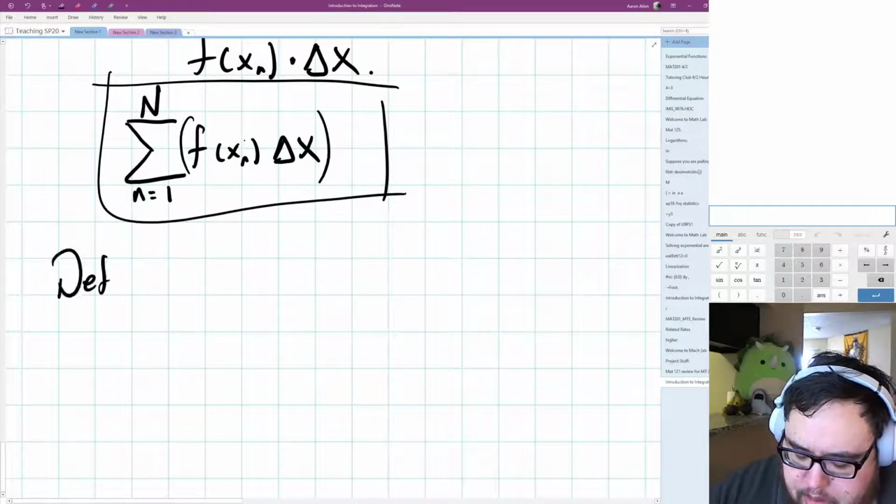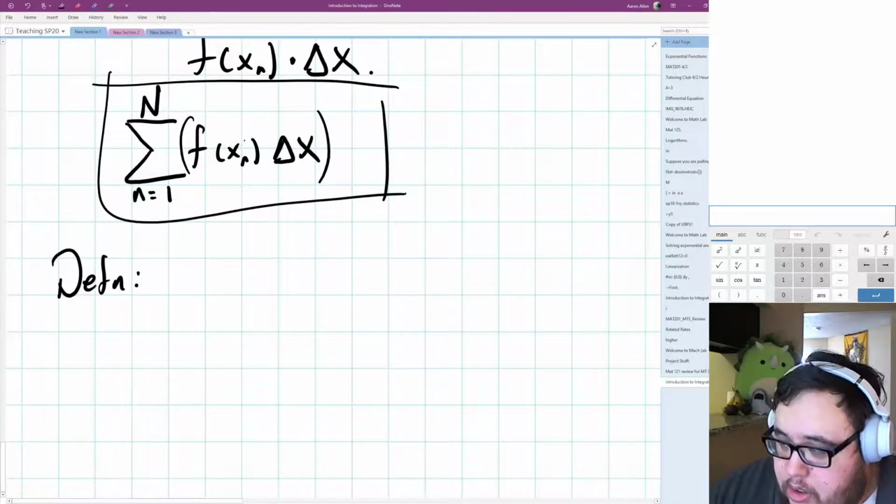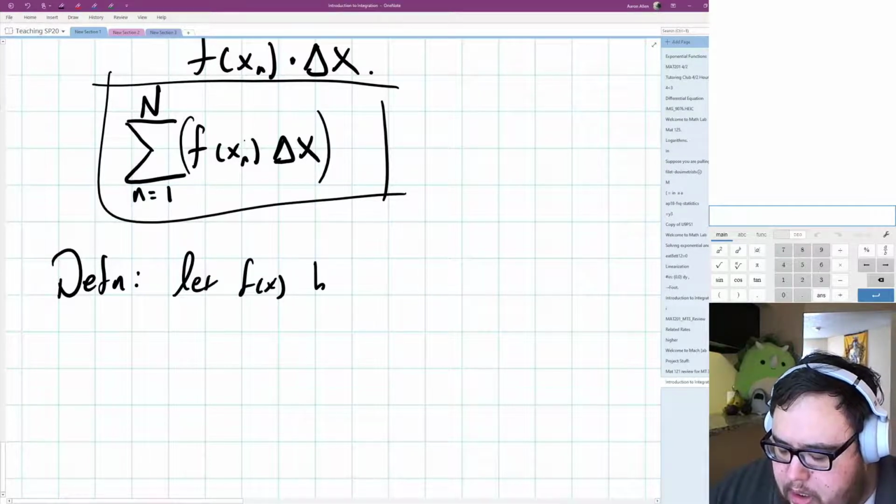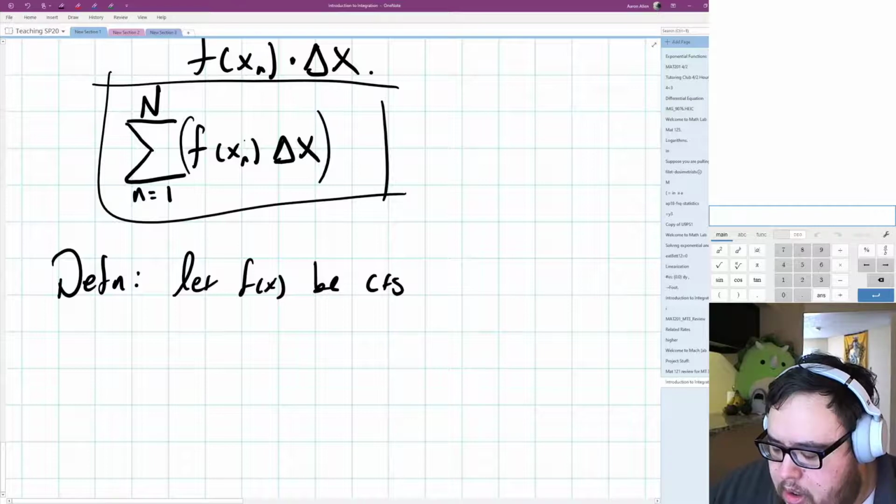Definition. We're going to let f of x be continuous on a to b.